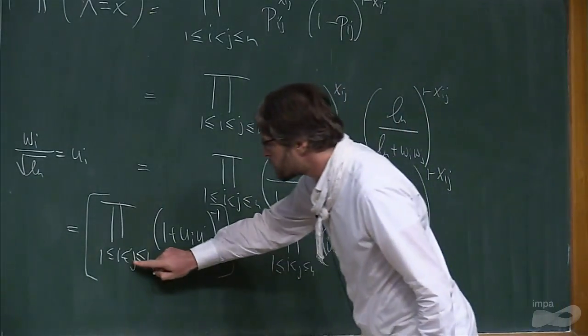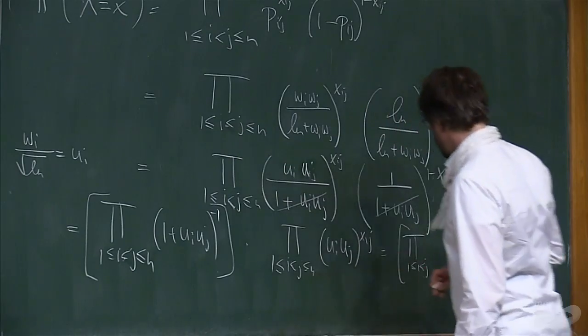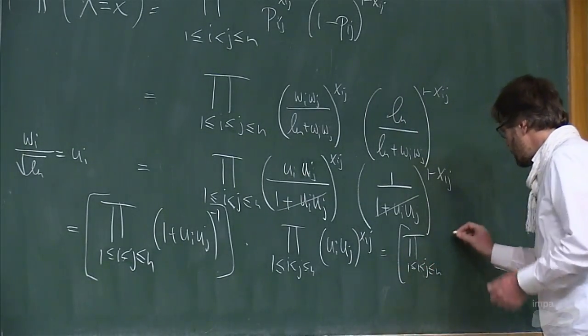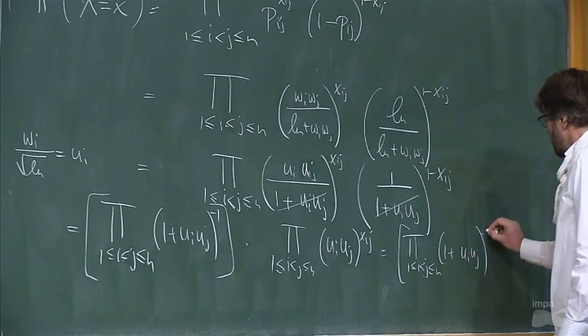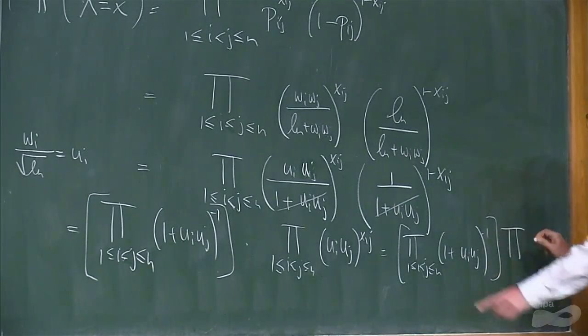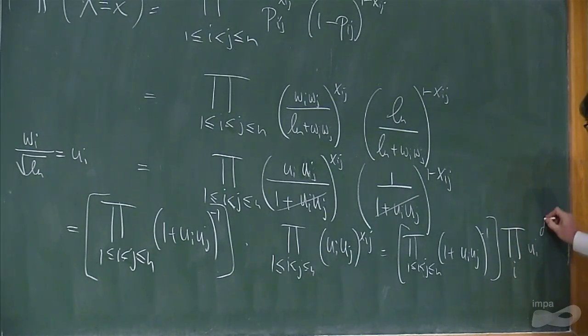Actually, it's strictly less here, and here as well, and here as well. This is just a product over the vertices of Ui to the power di.